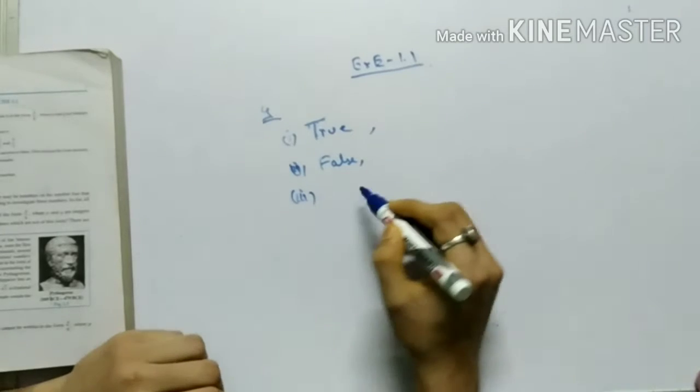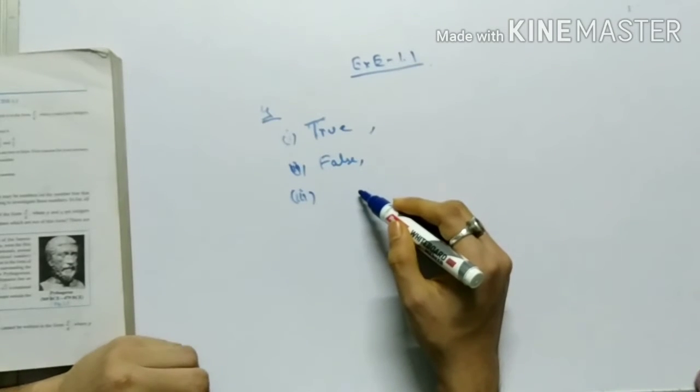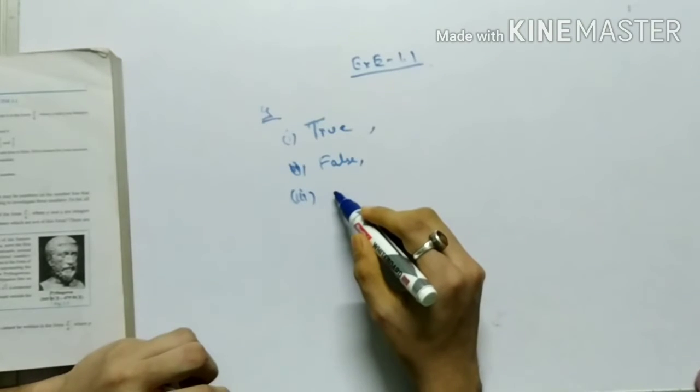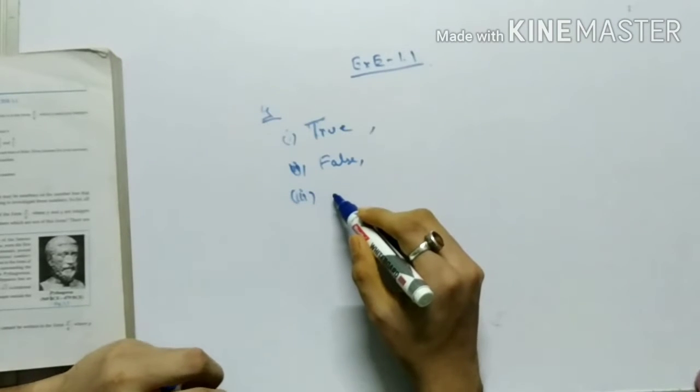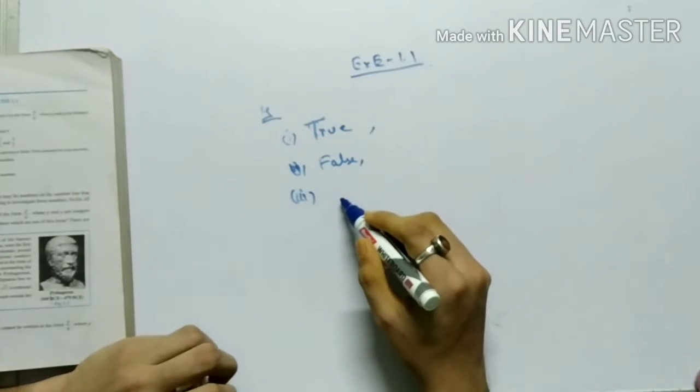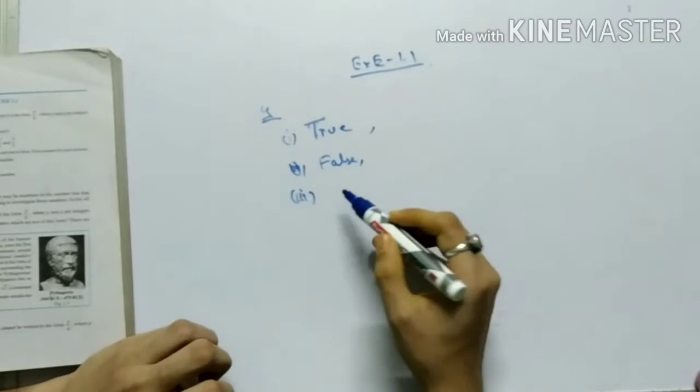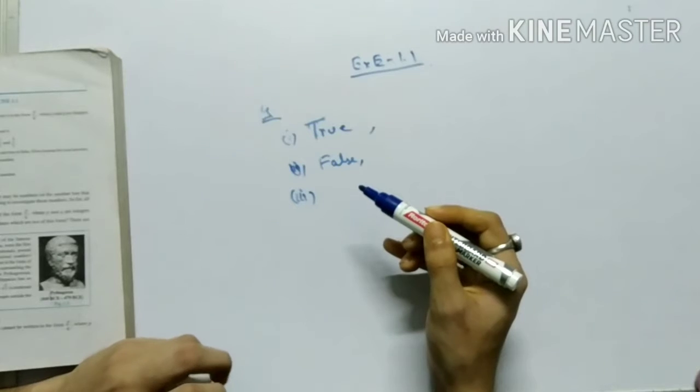And the third one, every rational number is a whole number. It will be false. Every rational number is not a whole number. Understand? Because a negative number is also a rational number.